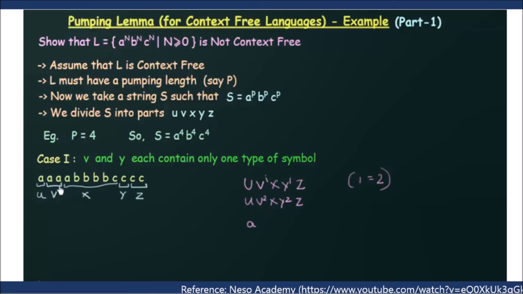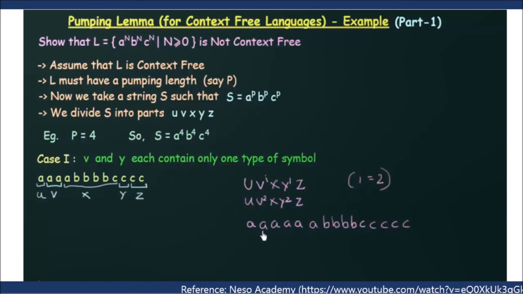That means there will be 4 A's: A, A, A, A. Then X is A, B, B, B, B, C. And then I have Y square. Y is just one C, but since it is squared, I have to double it, so there will be two C's. And then Z contains two C's: C, C.